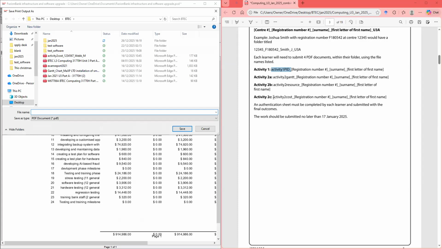And this is your cost, activity 2C. And you're going to do 1, 2, 3, 4, 5, 6. That would be my registration number. And surname would be Web again, underscore M. And that's my cost.